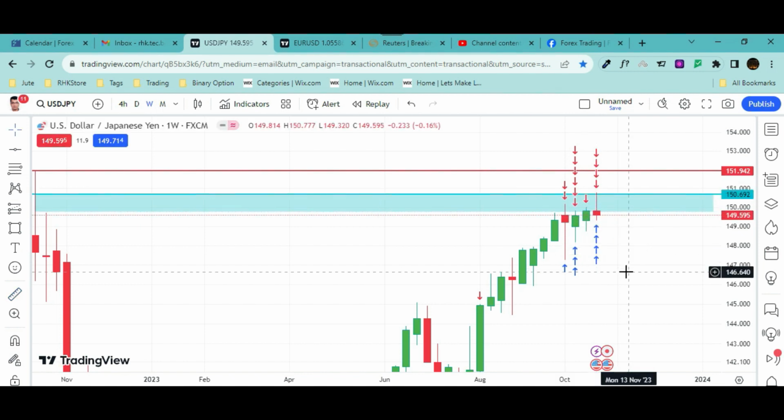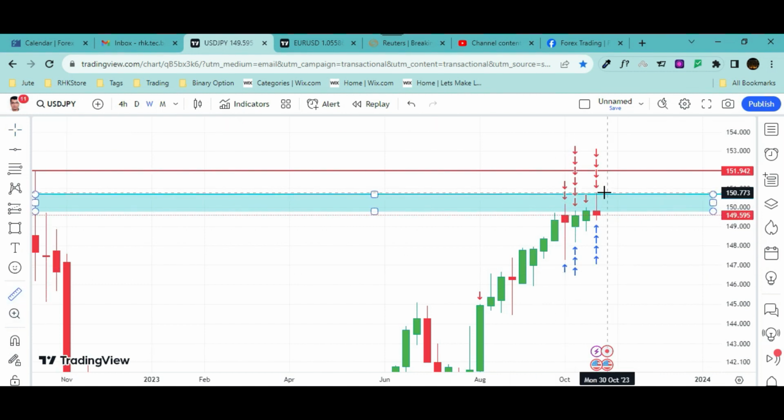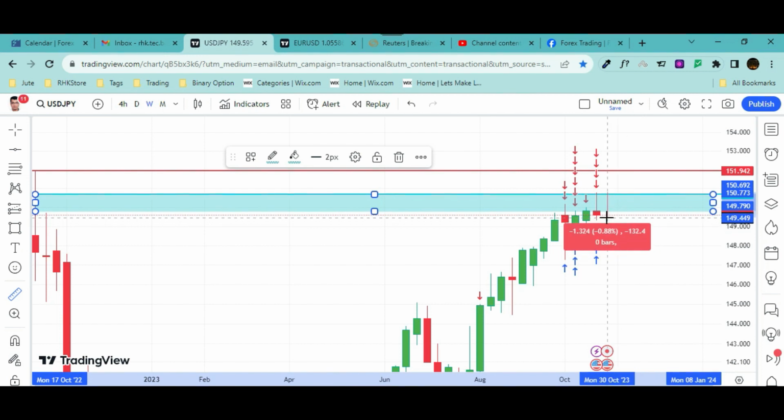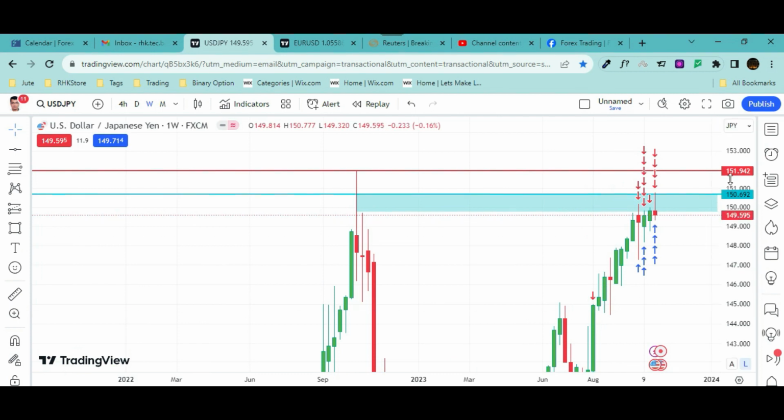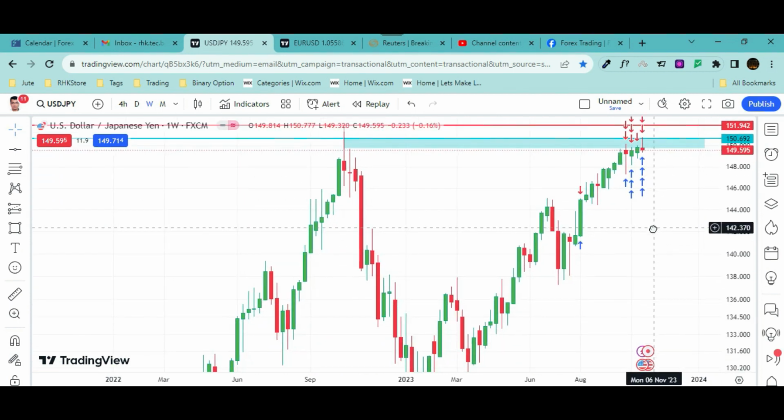It went up to 150.88, and currently it came back to 149.59. So to be exact, it is currently retraced 118 points, 120 pips. So this is the thing currently going on.